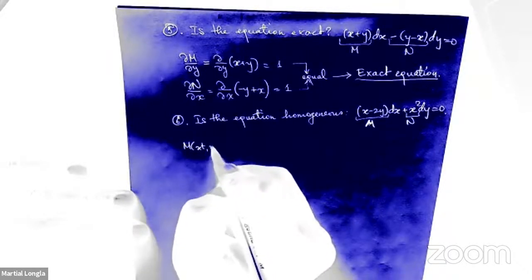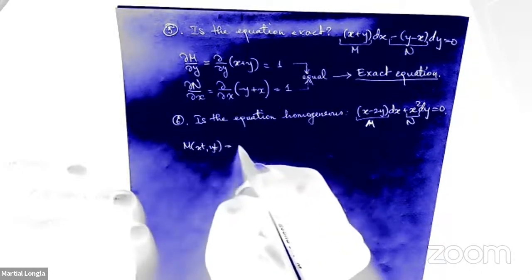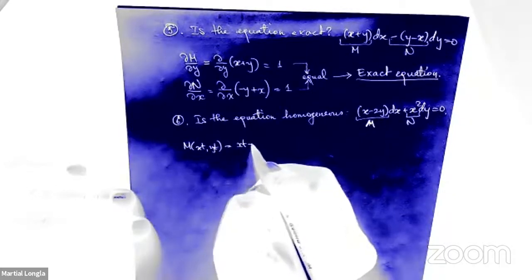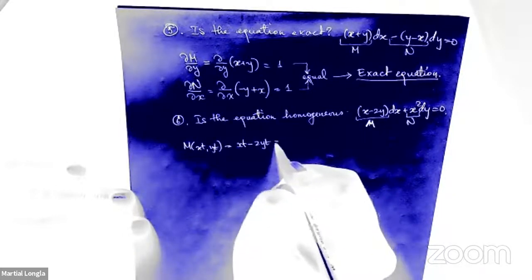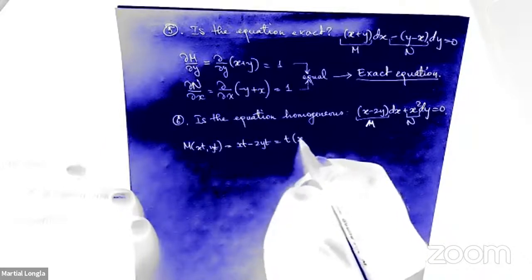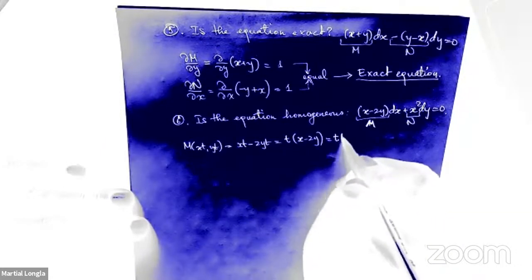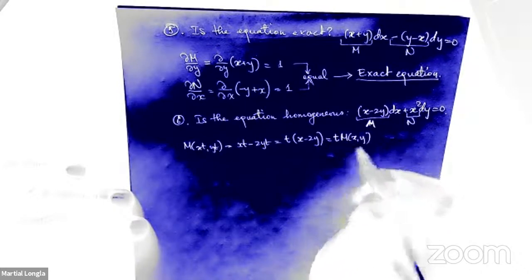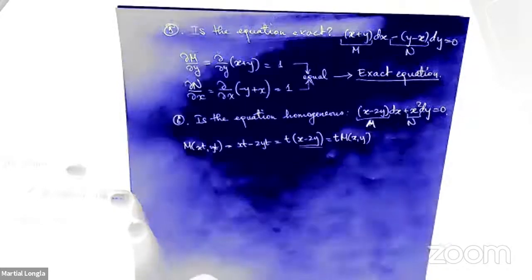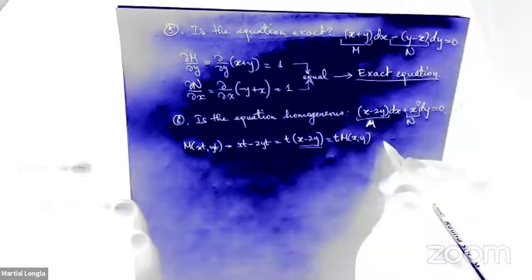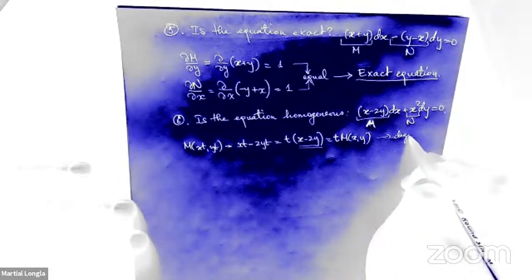So you would say M(xt, yt) is xt - 2yt, and that is t times (x - 2y), which is t times M(x, y). So this has degree 1.